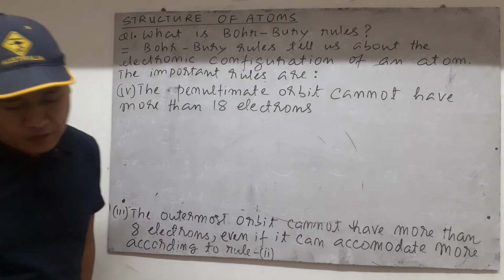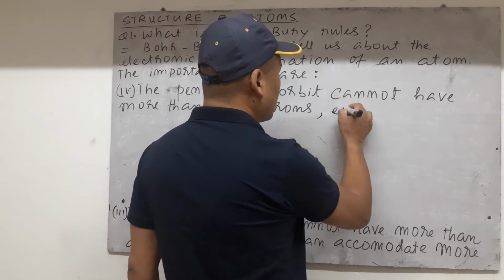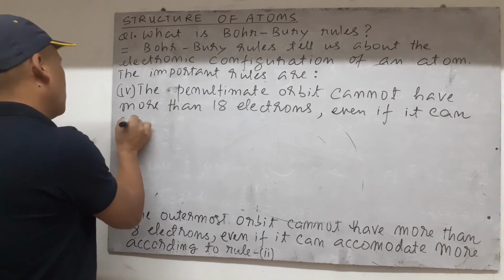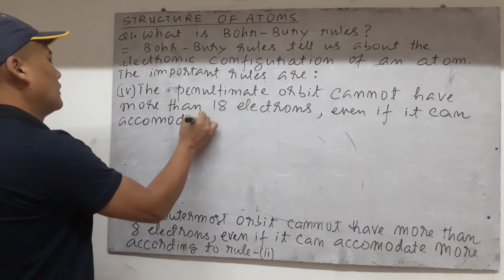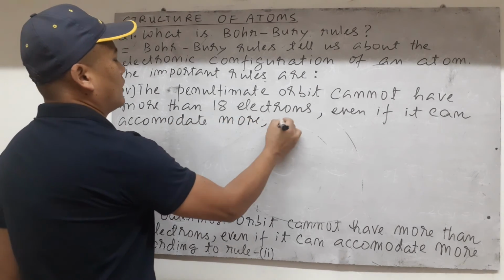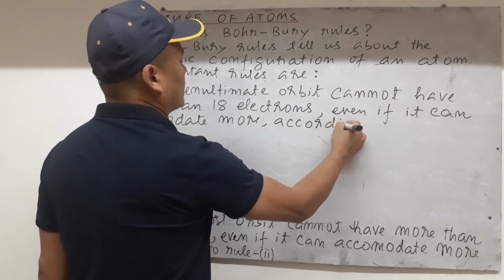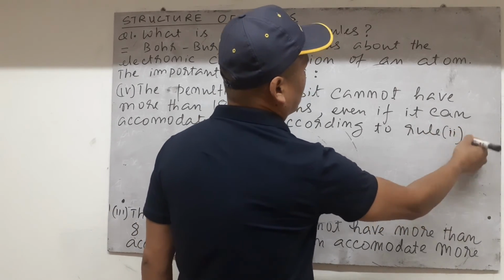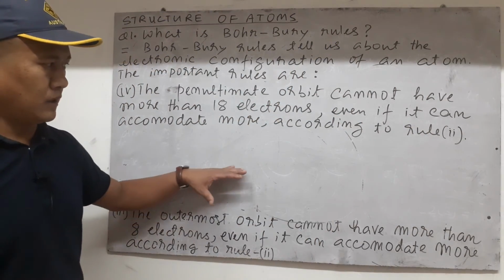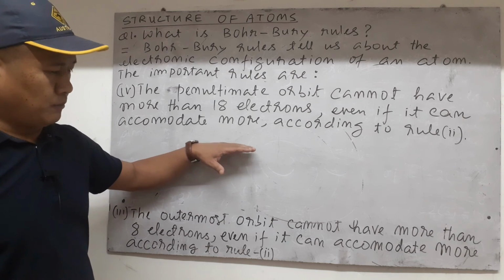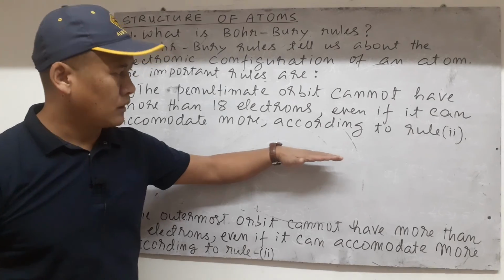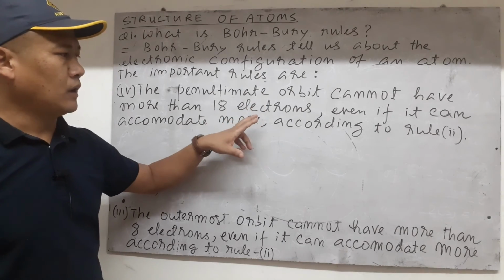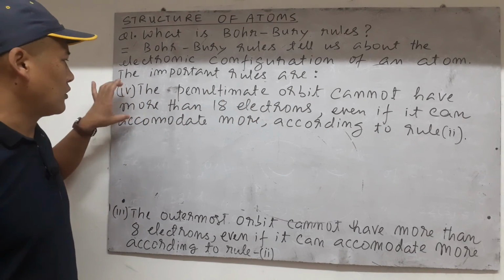Even if, according to rule 2, a particular penultimate orbit may be able to accommodate more than 18, we cannot put more than 18 in the last second, the penultimate orbit, by any method. That means rule 4 is more dominant than rule 2.